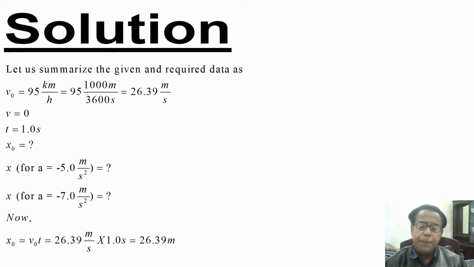In this way, initial velocity v naught becomes 26.39 meter per second. Final velocity v is given as 0, because it comes to rest. Time t is given as 1.0 second. x naught is to be determined.